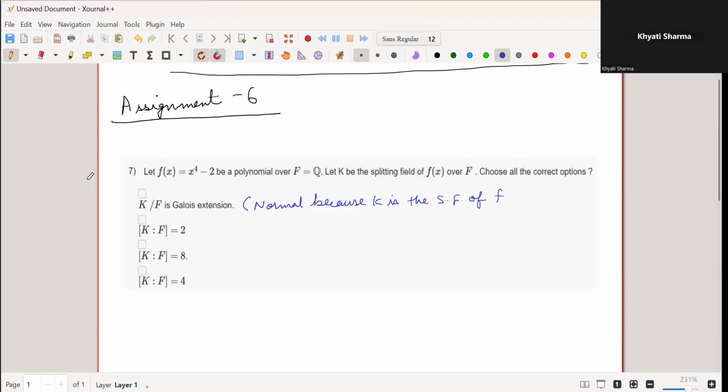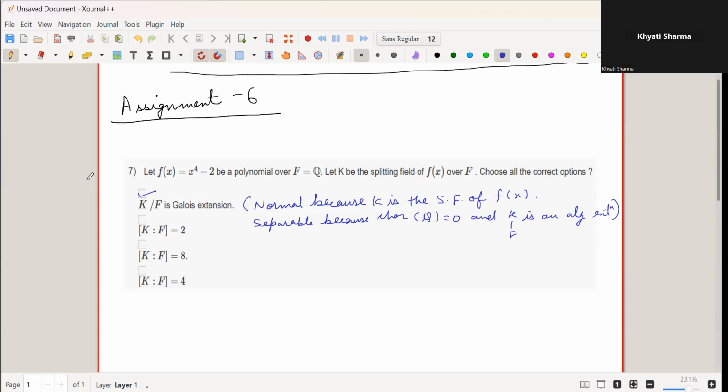If it's a splitting field, it's normal, and separable because the characteristic of Q is 0 and K over F is an algebraic extension. So it's normal and separable, so it turns out to be Galois.